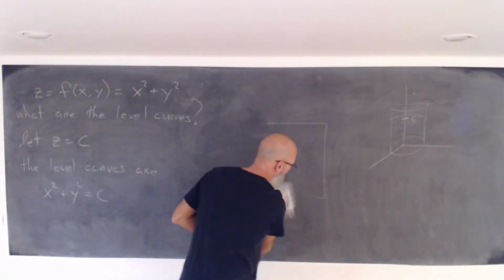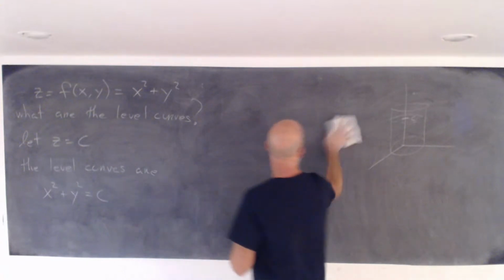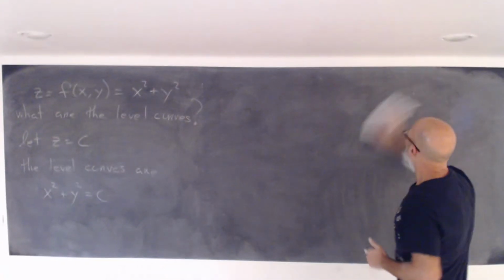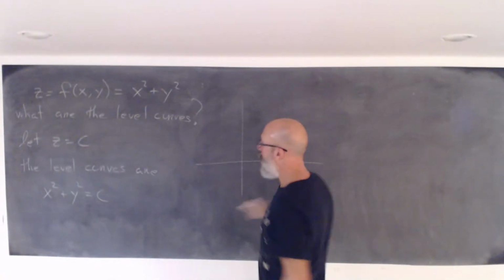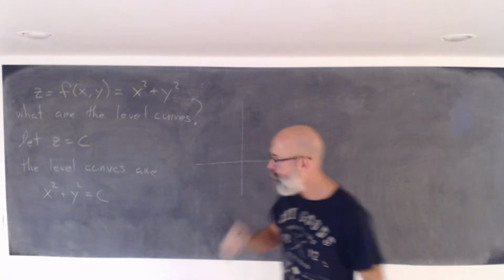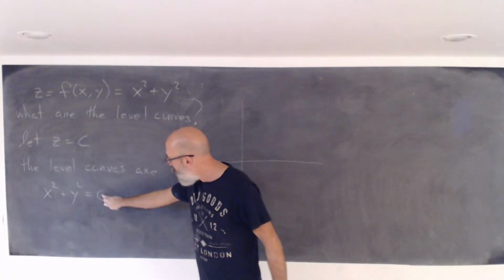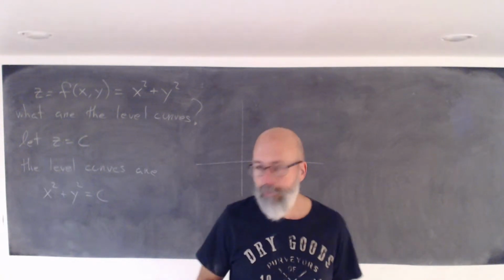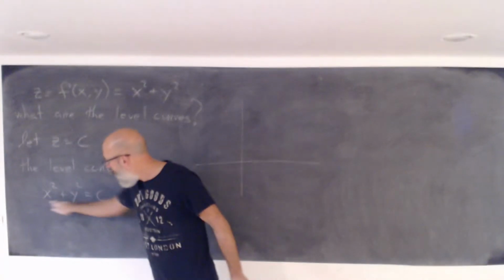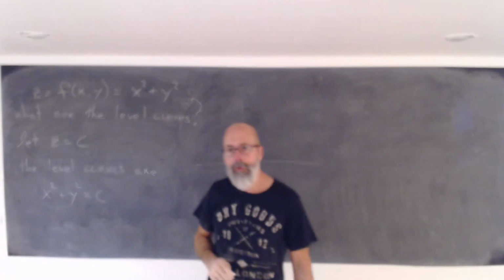So let's draw these in the xy plane. What is this family of curves? First of all, convince yourselves that c cannot be negative, because the left-hand side is bigger than or equal to 0.